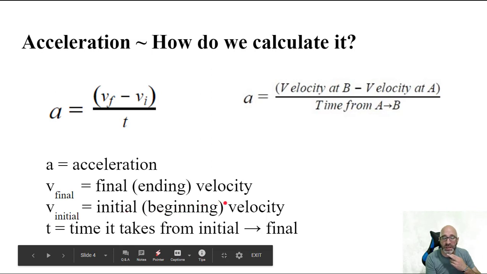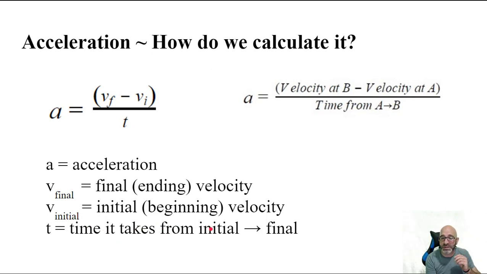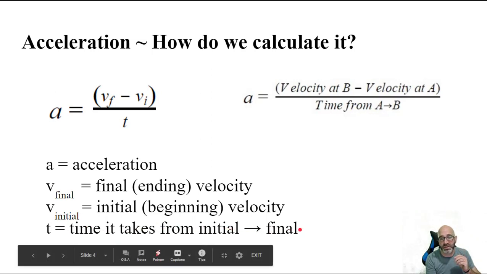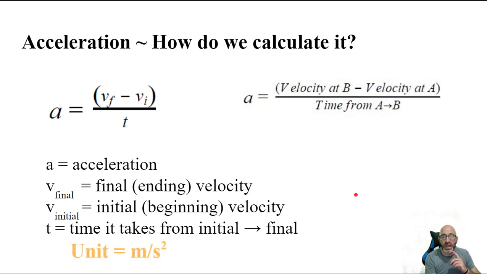Initial means beginning. And T stands for the time it takes to go from the initial velocity to the final velocity. And then finally, once again, the units are meters per second squared. And the squared is really important. So let's take a look at this in practice.